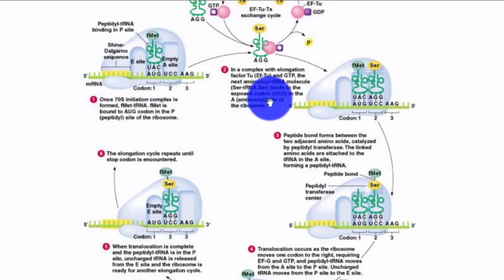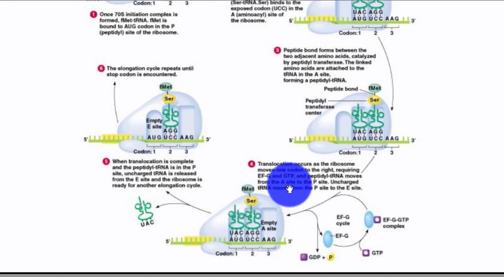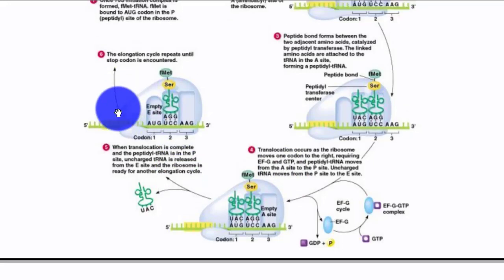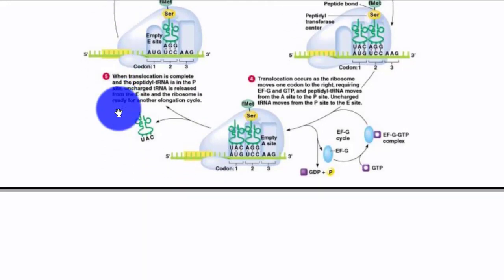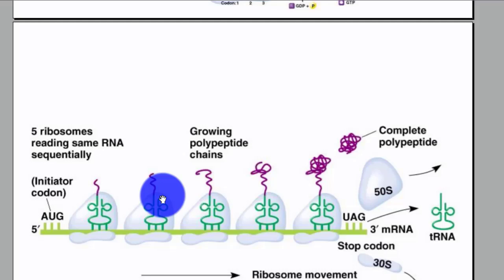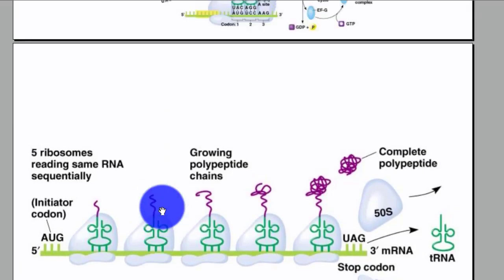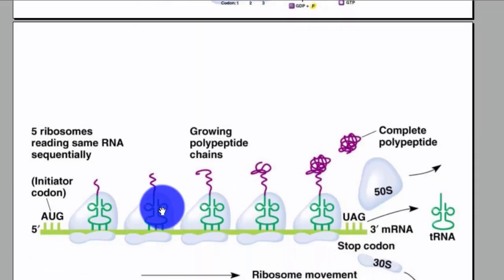This is elongation: the bond is formed, translocation occurs, translocation is complete, and the elongation cycle repeats. In the animation it appears clearly. This process we explain in the animation, but this is a detailed process, step by step.